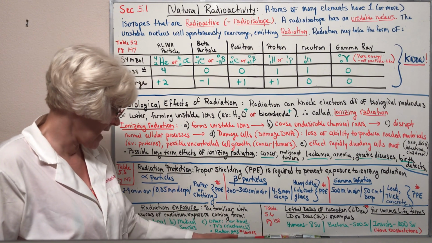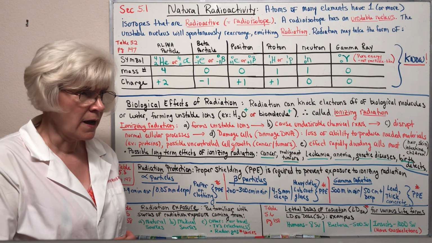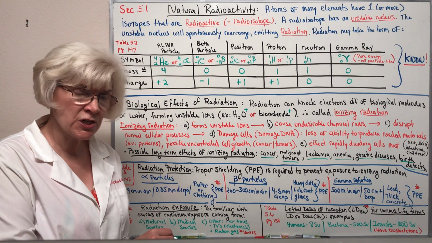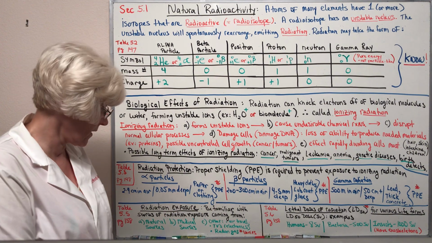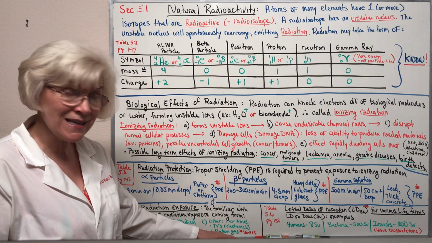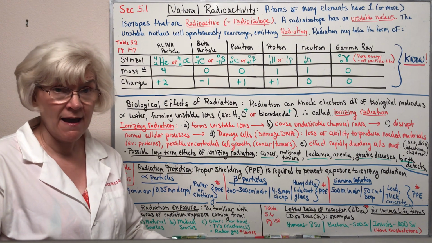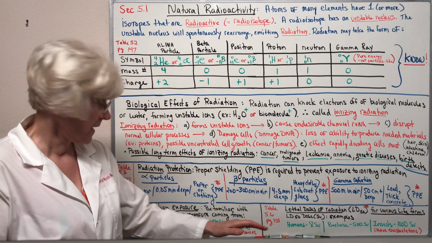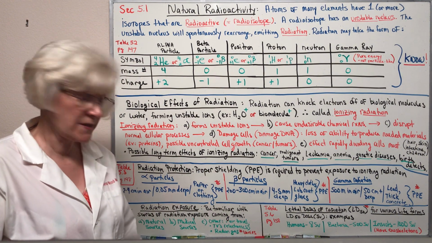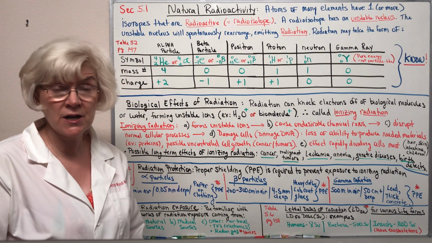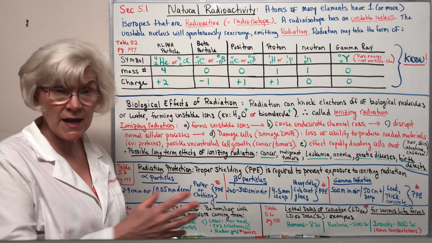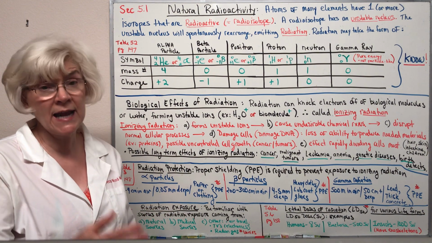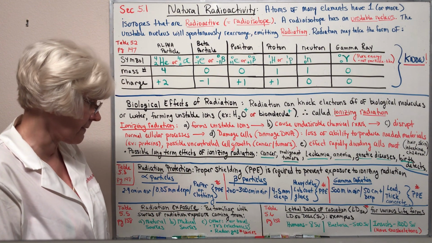And I mentioned that because depending on what the geographic location is, some types of rocks and soil are more likely to emit radon gas than other types. And you see page 151 of the text has a nice discussion of radon gas exposure, causes of it, and how it can vary geographically.